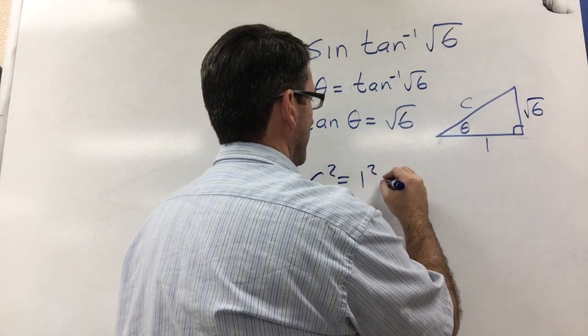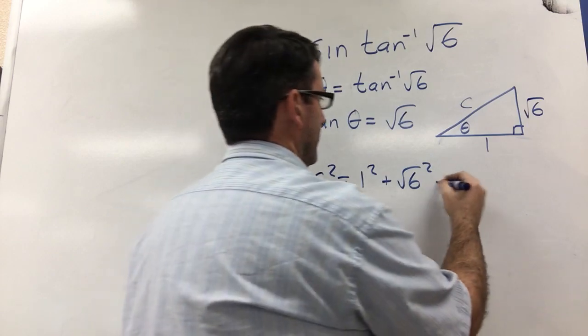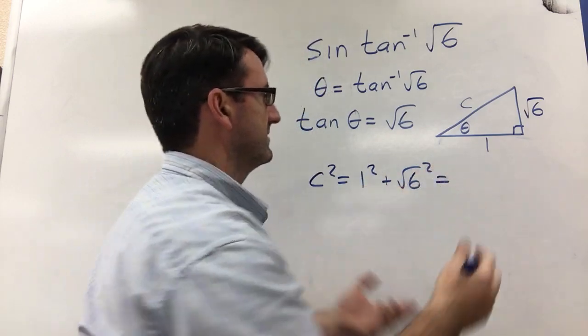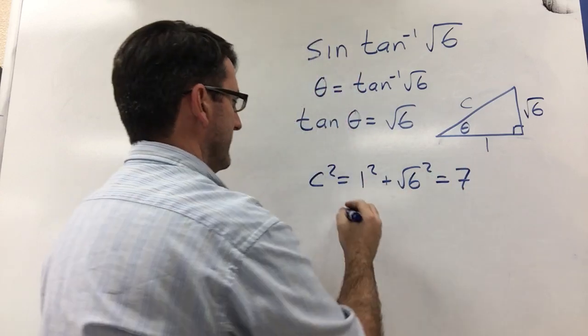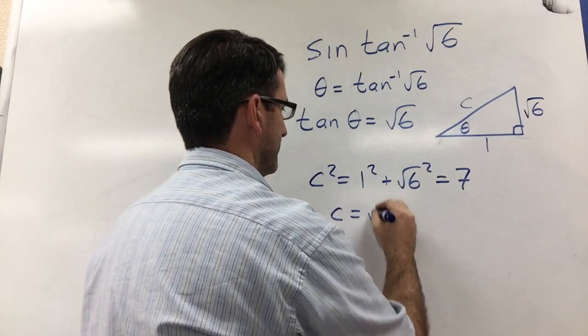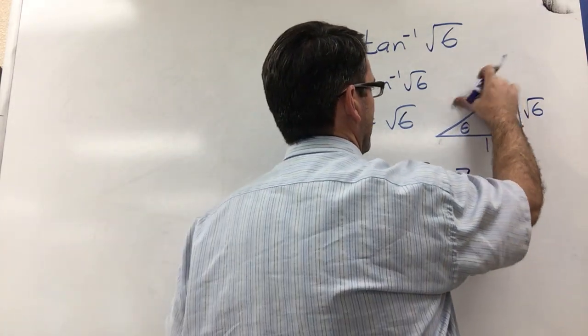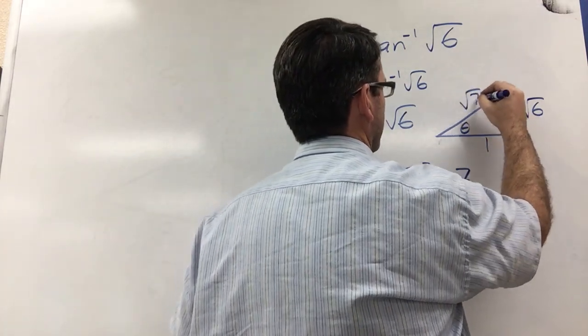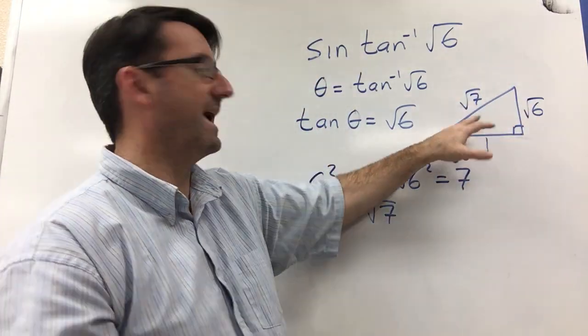So 1 squared plus the square root of 6 squared. So 1 squared is 1, square root of 6 squared is 6, so this is going to be 7. So C squared is equal to 7, so C is equal to the square root of 7. And we can now replace this C with square root of 7.